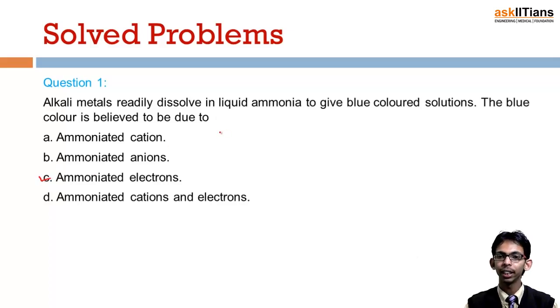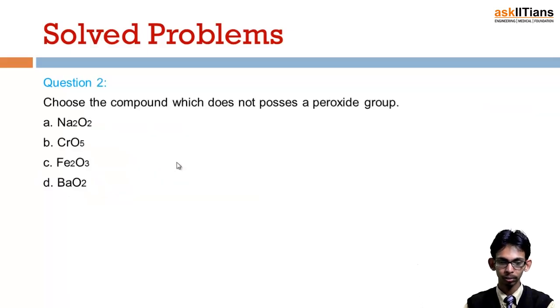These ammoniated electrons absorb energy in the red region, they undergo transition, and then when they come back to their ground state, they release this extra absorbed energy in the form of radiation, which comes in the blue color of the visible light, because of which this solution appears to be blue. So the answer is ammoniated electrons.